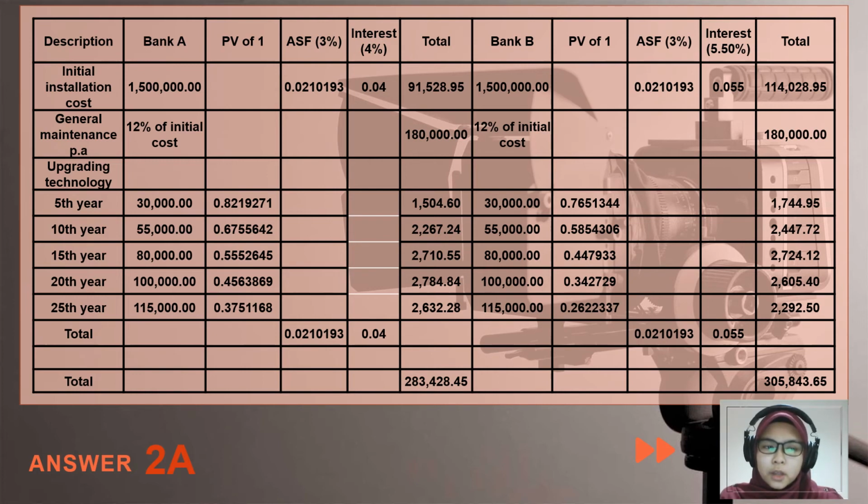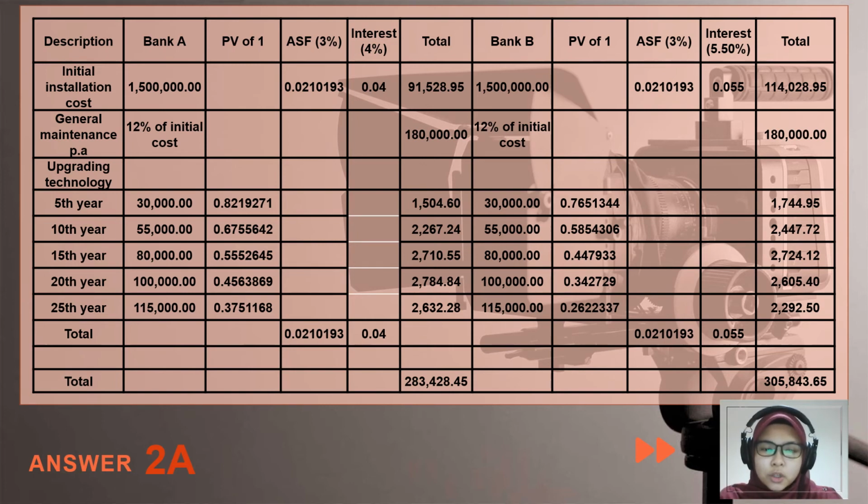Third would be the upgrading technology. For both banks, we have the total for the 5th year, 10th year, 15th year, 20th year, and 25th year. We should not calculate the 30th year because the economic life ends at the 30th year. Thus, for Bank A first, we have to calculate the present value of 1 at 4% interest at the 5th, 10th, 15th, 20th, and 25th year.